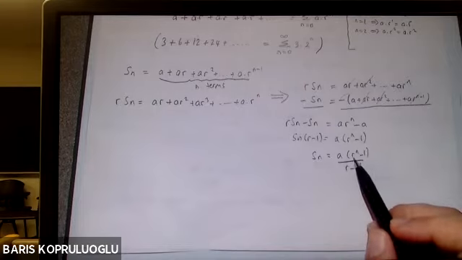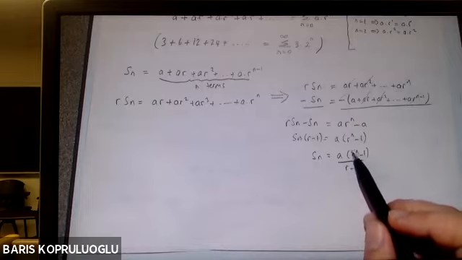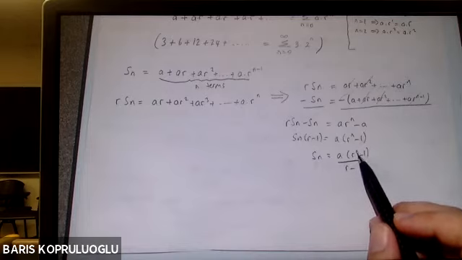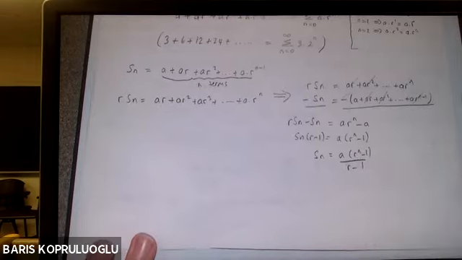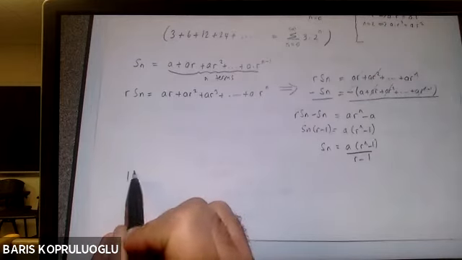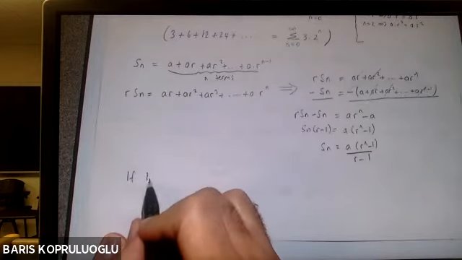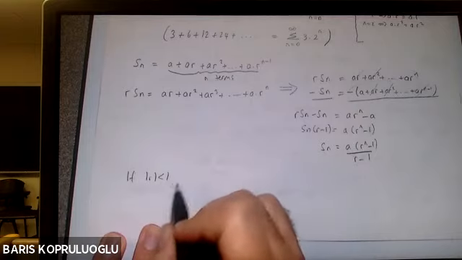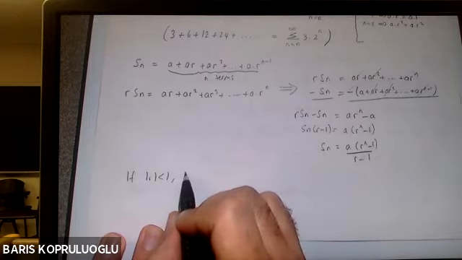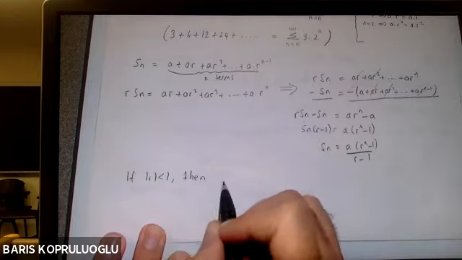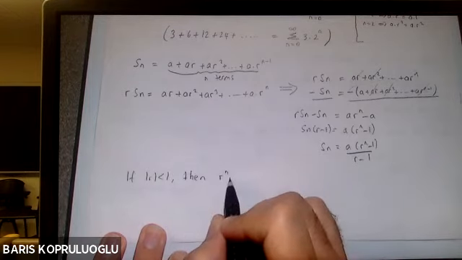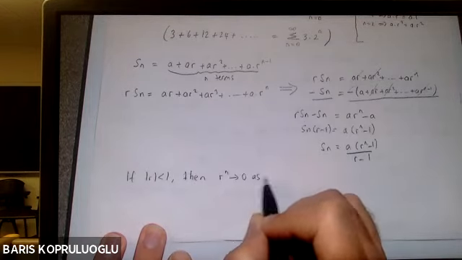But if the absolute value of r is less than 1, as n goes to infinity, the limit is going to go to 0. If r is less than 1, then r to the power of n goes to 0 as n goes to infinity.